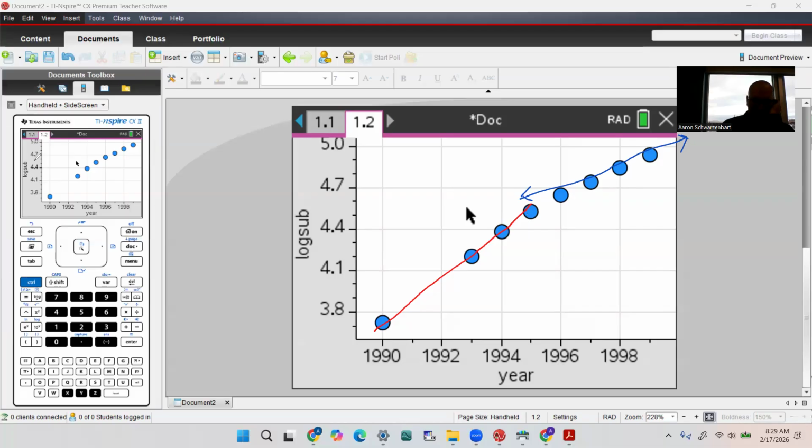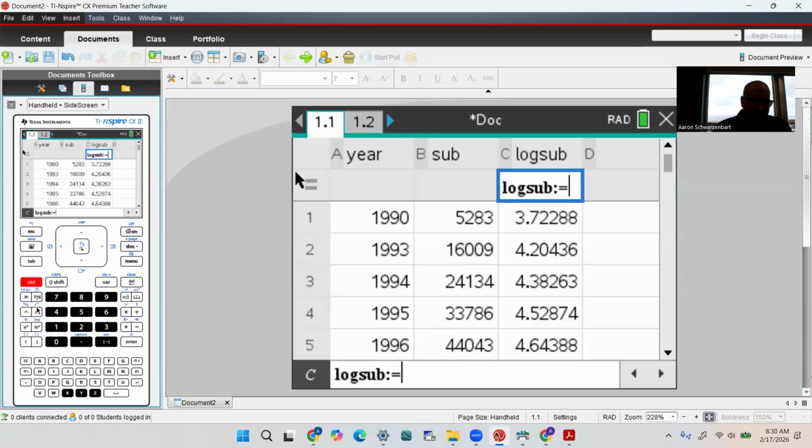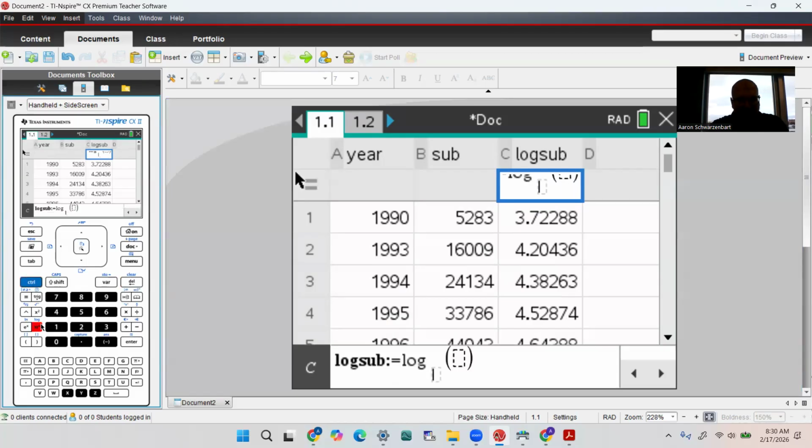So before I make my regression, I'm going to go back and delete my first four data points. I accidentally deleted my formula.